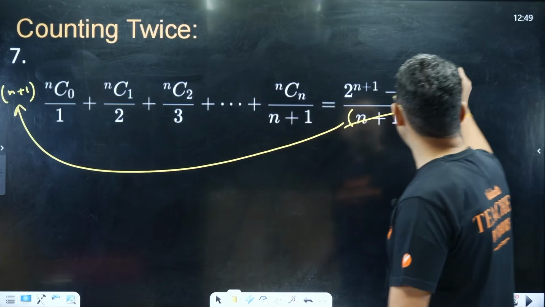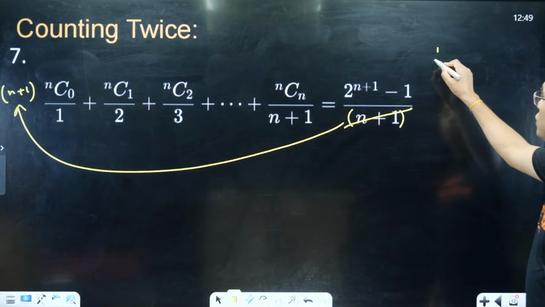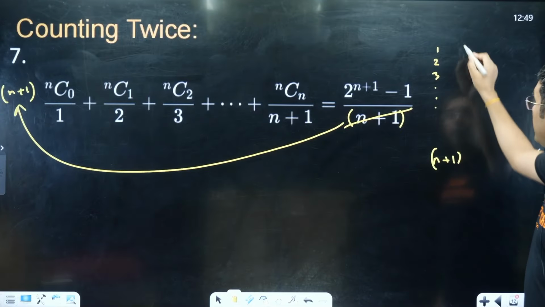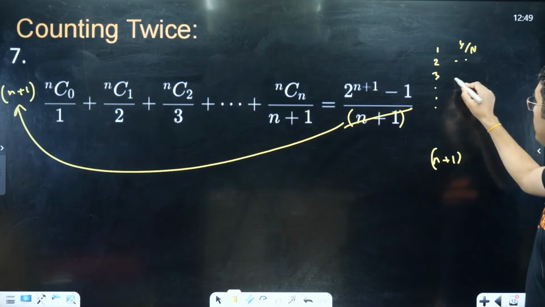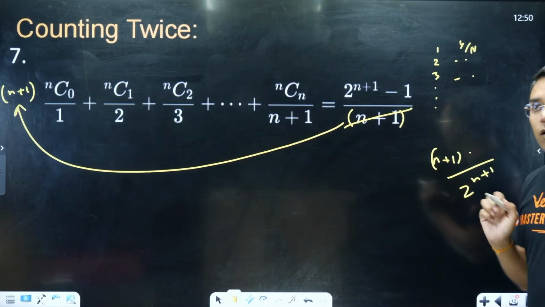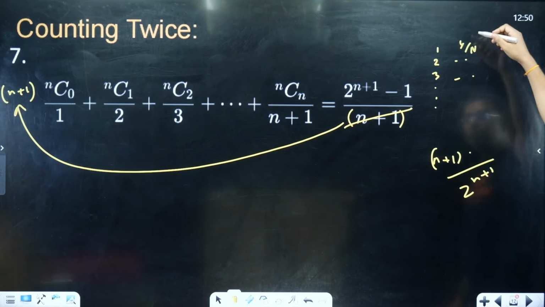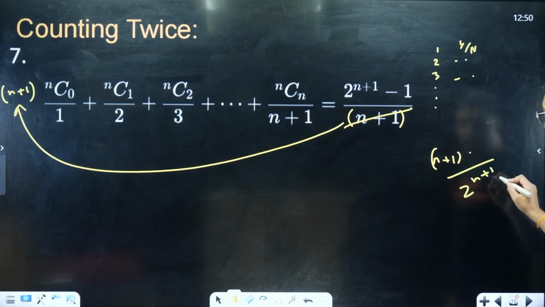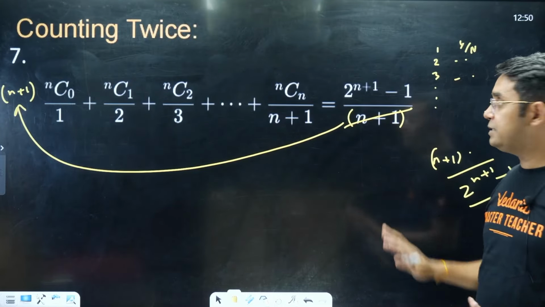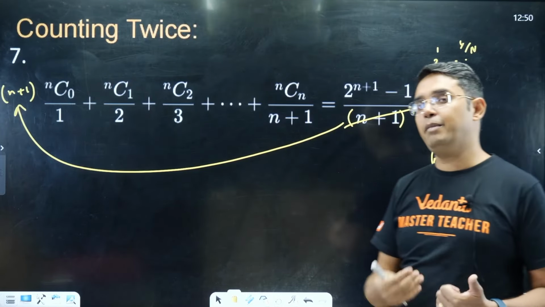There are total 1, 2, 3 and so on, n plus 1 persons, and you are saying yes, no to all of them. That will be 2 power n plus 1 ways, out of which one of the ways would be where we are saying no to all of them. I am subtracting that. So I am in a way saying at least one person is selected in this 2 power n plus 1 minus 1 way.